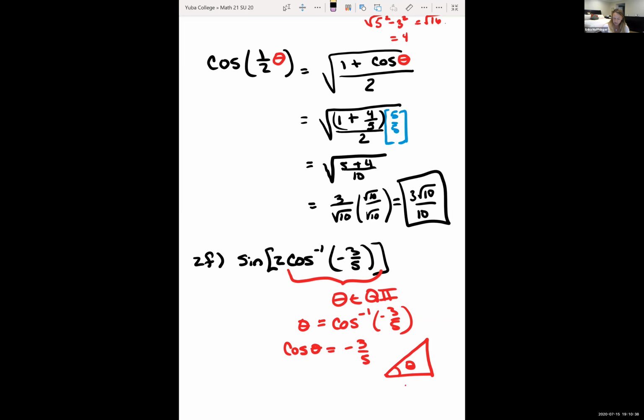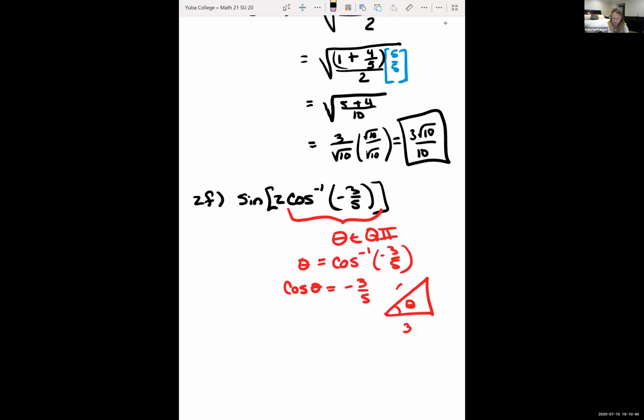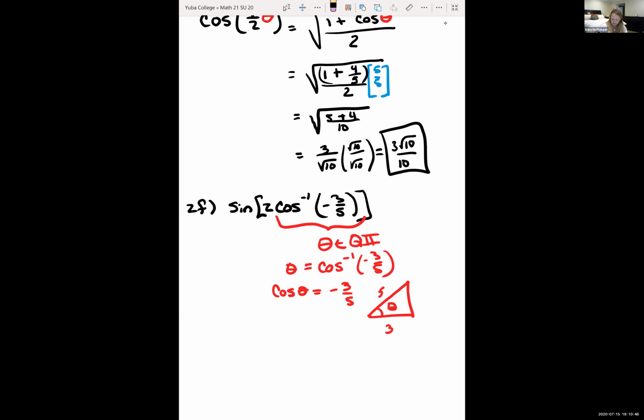So this is 3, 5. These actually are the same, not exactly the same, but 5 was the hypotenuse before, and 3 was the side before too. So 5 squared is 25, minus 3 squared is 9. 25 minus 9 is 16. This is equal to 4.